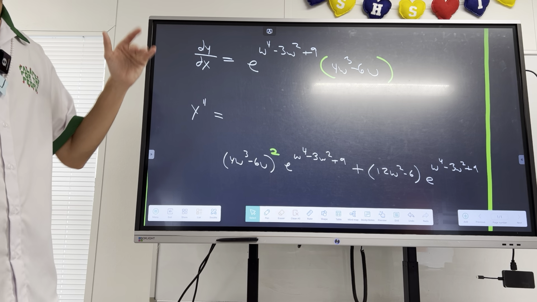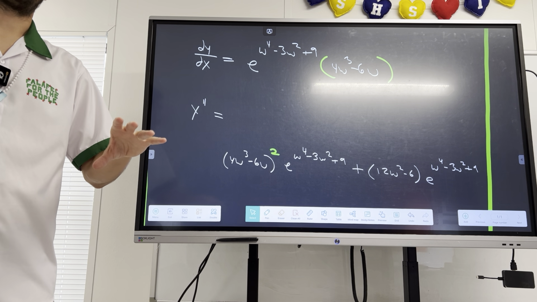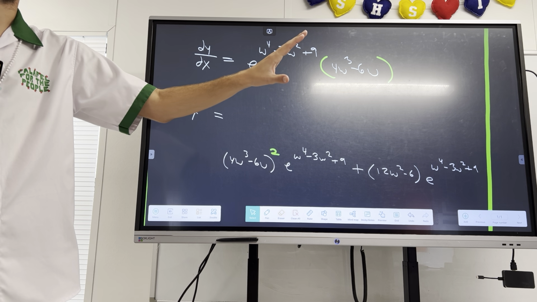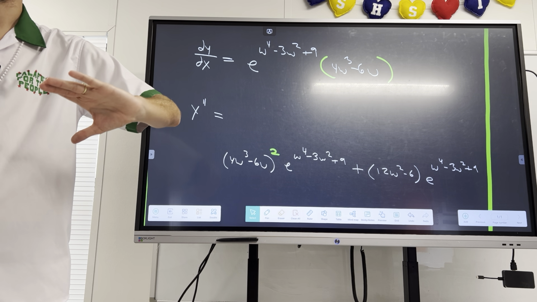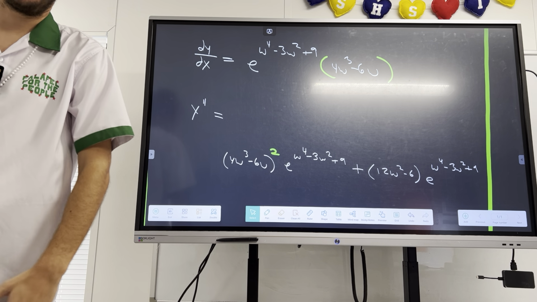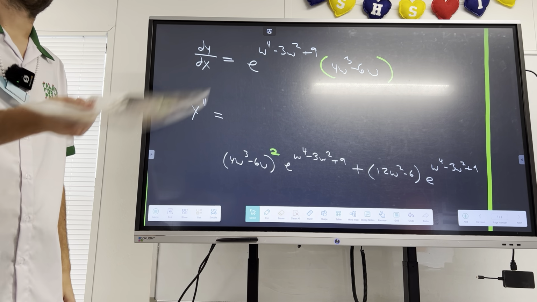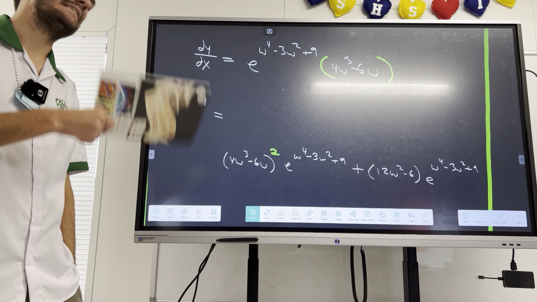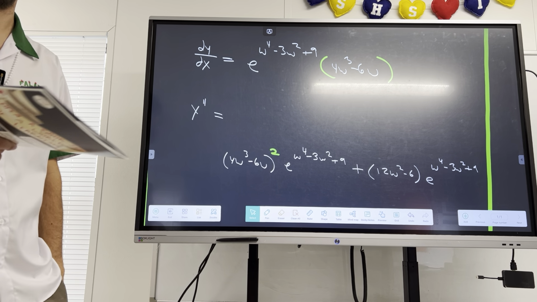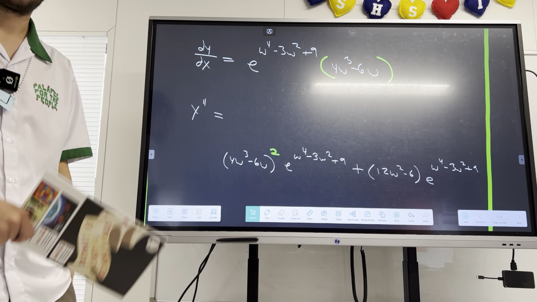But don't expect it to be like 10 very easy power rule questions and then one chain rule question, right? Obviously, it's IB. We've learned all that stuff. So the majority of the questions we're going to do are going to probably incorporate at least product or quotient or chain or two of those three.